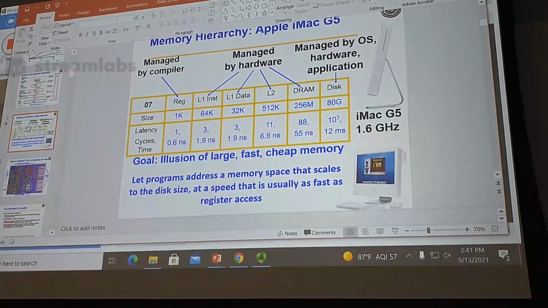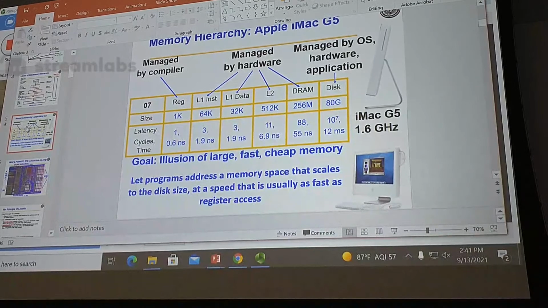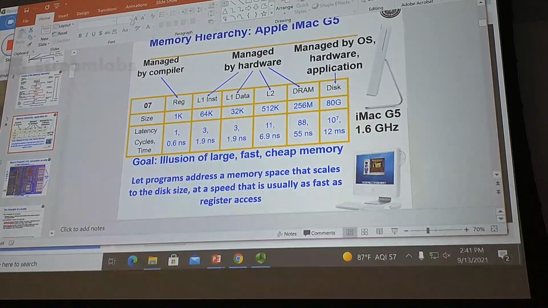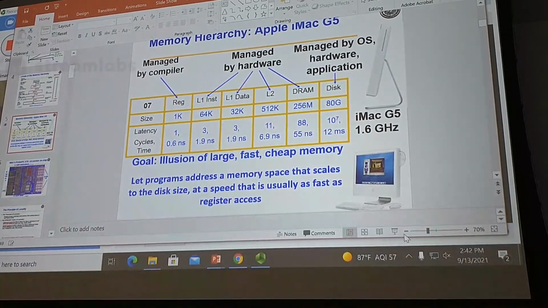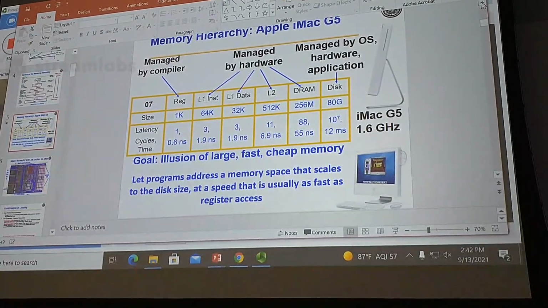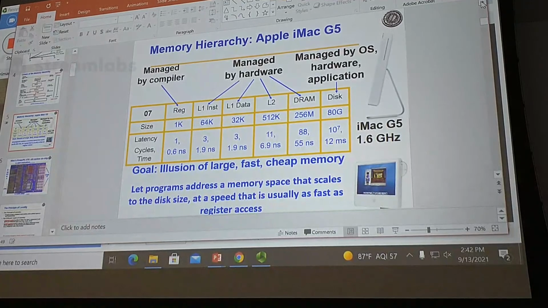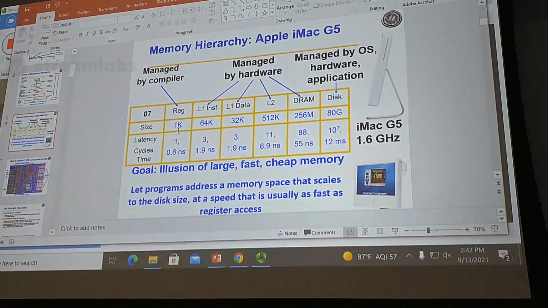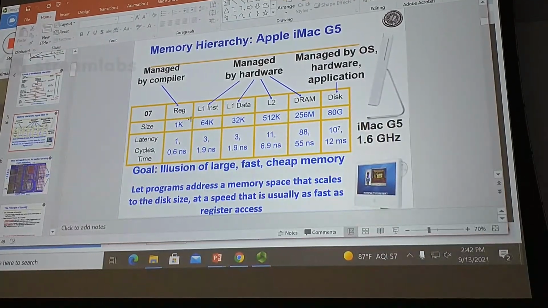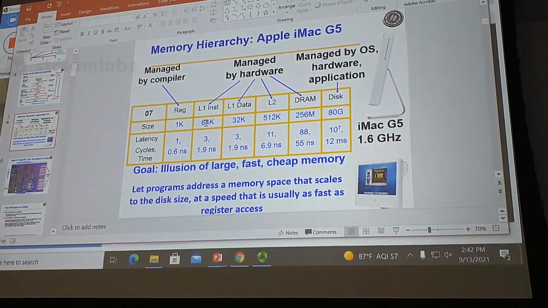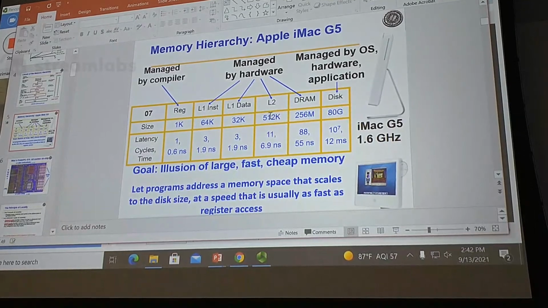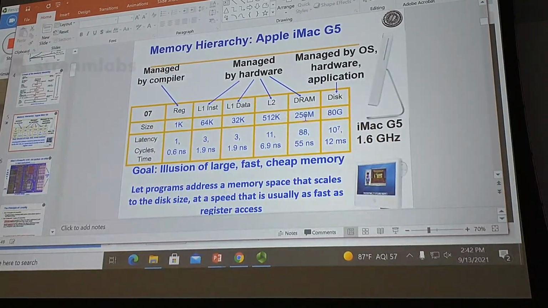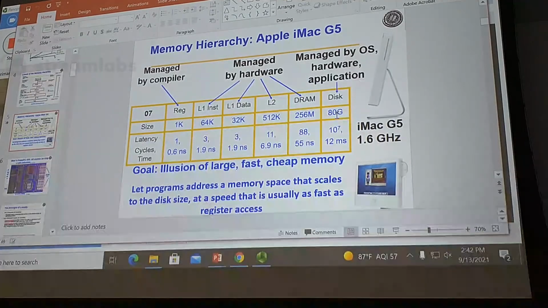This is just to give you an idea of what kind of sizes there are. This is for a specific processor, the Apple iMac G5. Register size, level 1 instruction cache size, level 1 data cache size, level 2 unified cache, DRAM, and disk.